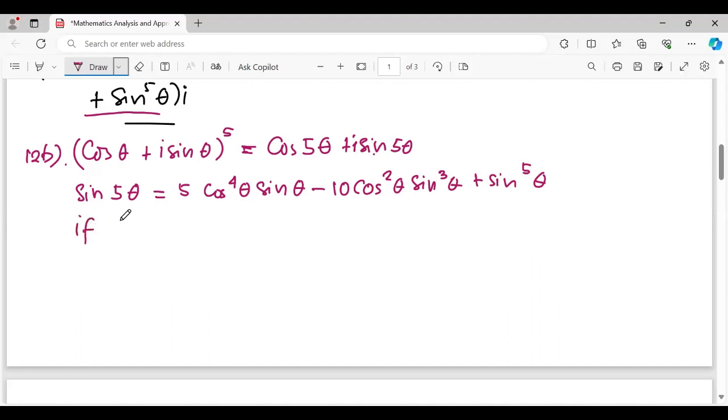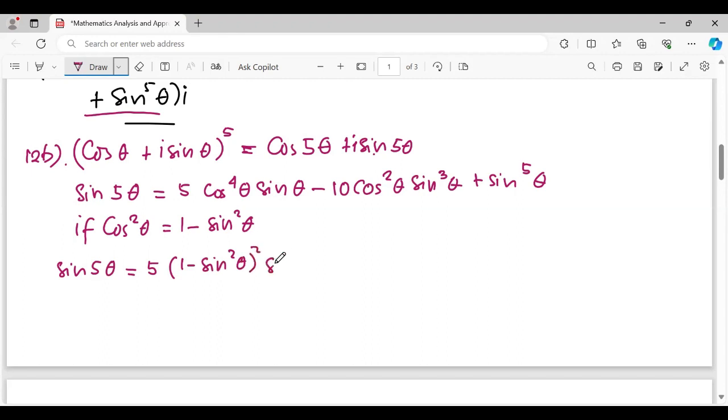Now, since cosine squared theta equals 1 minus sine squared theta, this equation becomes sine 5 theta equals 5 times (1 minus sine squared theta) squared times sine theta minus 10 times (1 minus sine squared theta) times sine cubed theta plus sine to the power 5 theta.